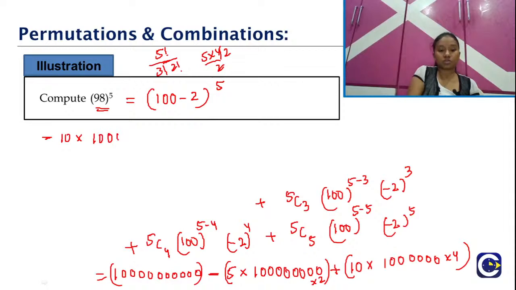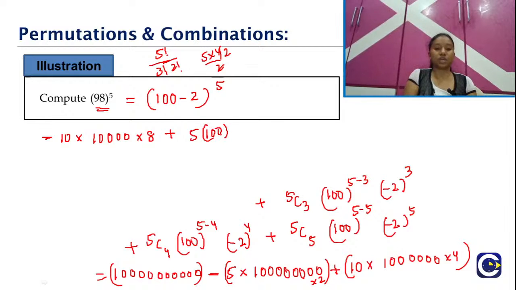So 1, 2, 3, 4 into 8, and the next one will be 5. So 5 into 100 because it's only one time. So 100 power 1, 100 into 2 power 4, which is 16, and the next one will be 5C5, 100 power 0. So this will become minus. So this is 1 and this is 0.